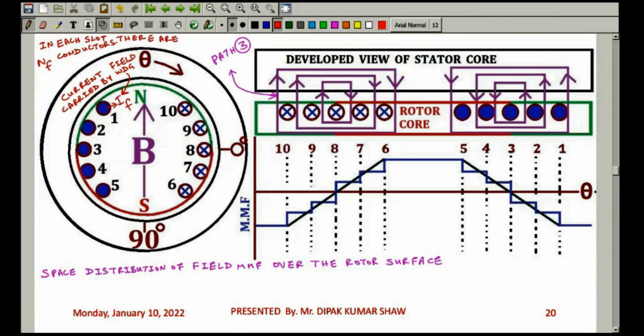So what is the current enclosed in this path? The current enclosed by this closed path will be 5 NF into IF.